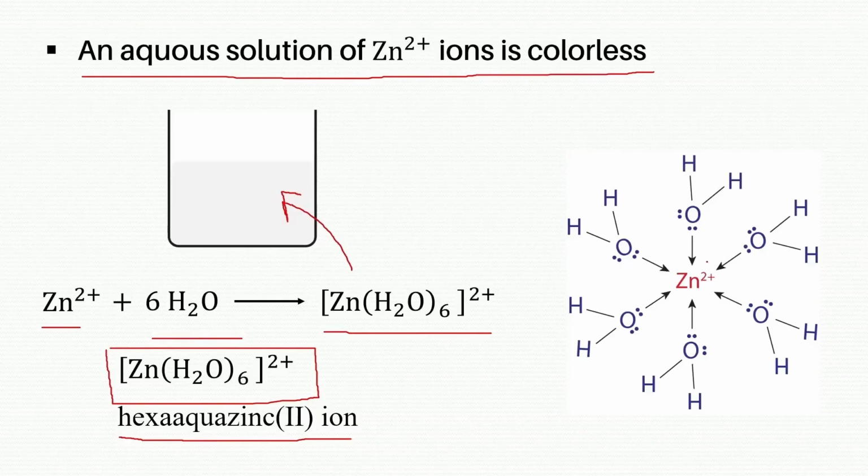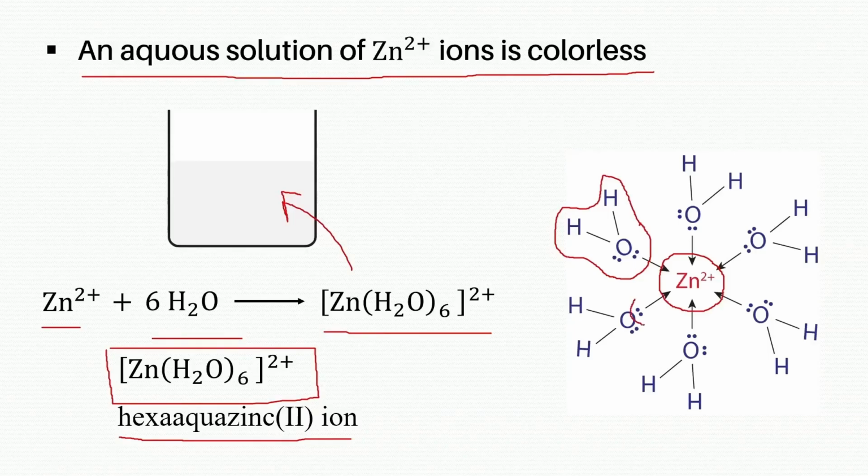You have the Zn2+ central metal ion, and it is surrounded by 6 water molecules. These are ligands. Each water molecule has a lone pair of electrons.